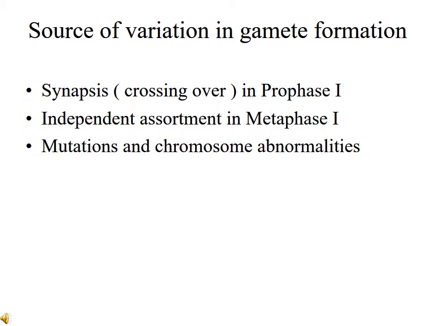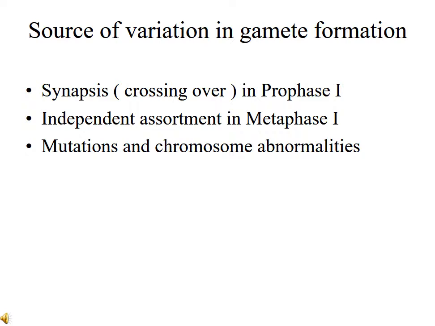So what is the source of genetic variation in gamete formation? The first source takes place in prophase 1 when synapsis or crossover takes place. The second source of genetic variation takes place in metaphase 1, where you have independent assortment.